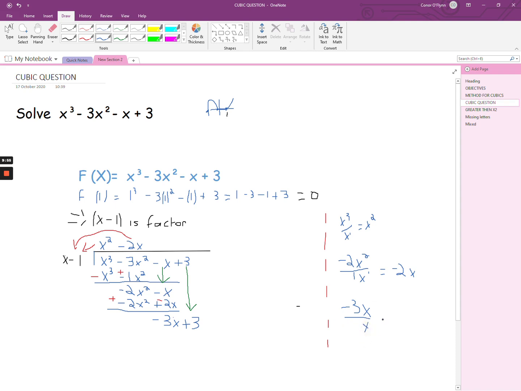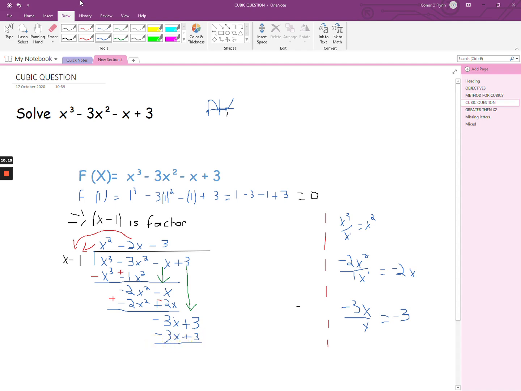Okay, the x will cancel here, so that'll be minus 3. Minus 3 here. And again, I'm going to multiply this by the x minus 1. So wherever I get on top, I just need to multiply by the x minus 1. So minus 3 by x is minus 3x. And minus 3 by minus 1 is plus 3.